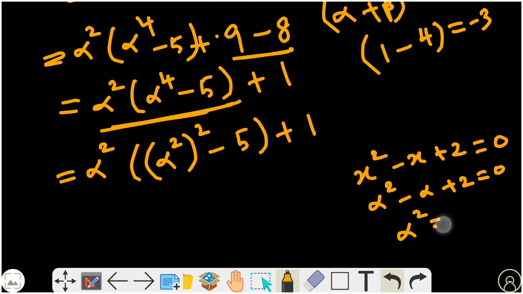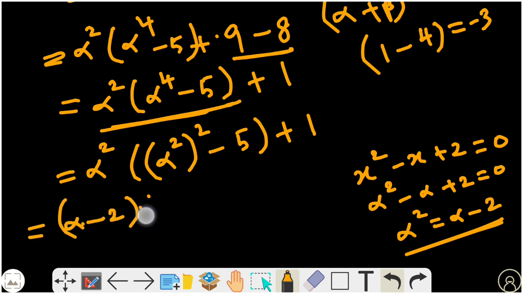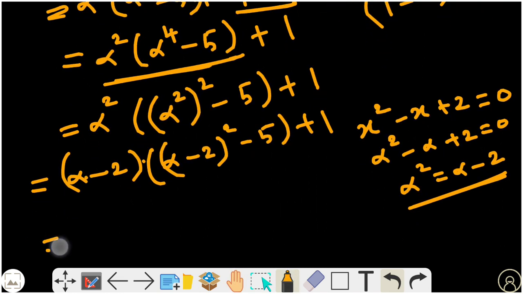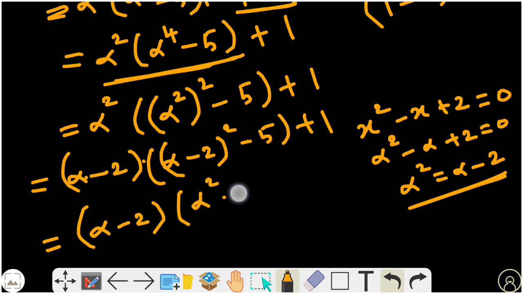So alpha square is alpha minus 2. So I can substitute alpha minus 2 in place of alpha square, so again I have alpha minus 2 the whole square minus 5 plus 1. Next, alpha minus 2 the whole square is alpha square minus 4 alpha plus 4, minus 5, plus 1.